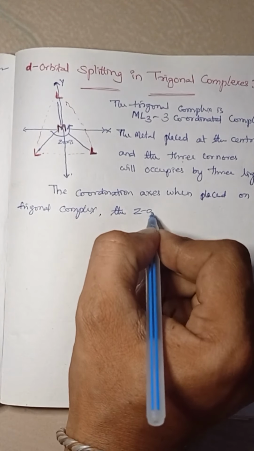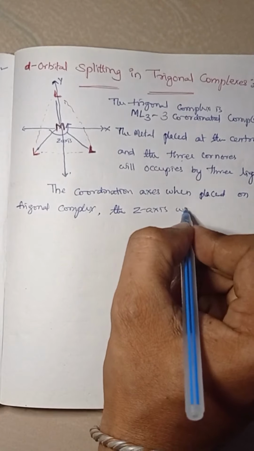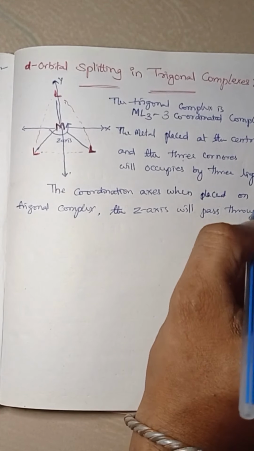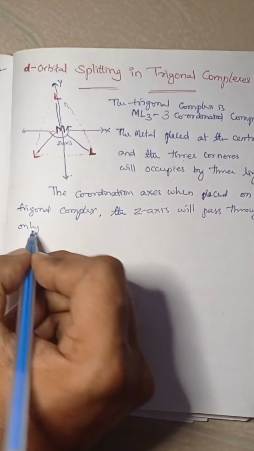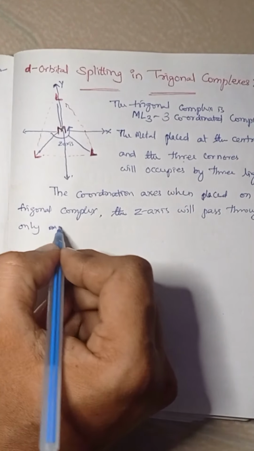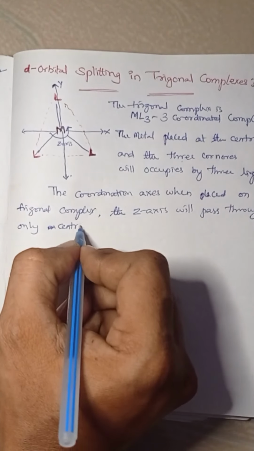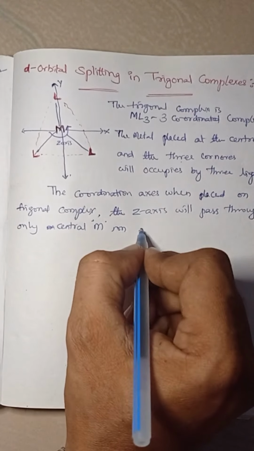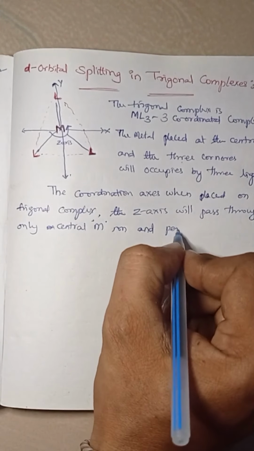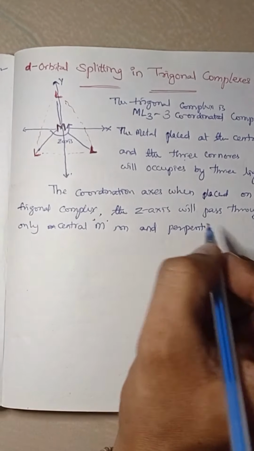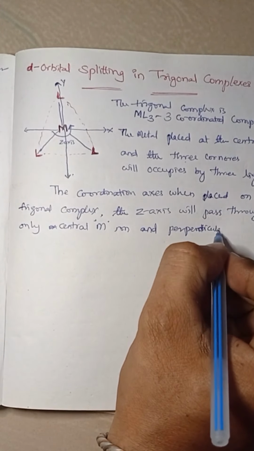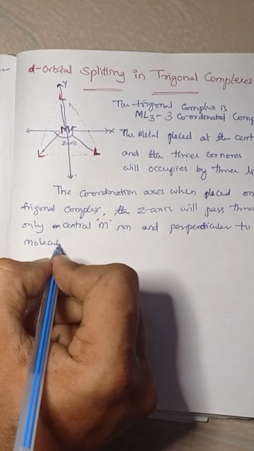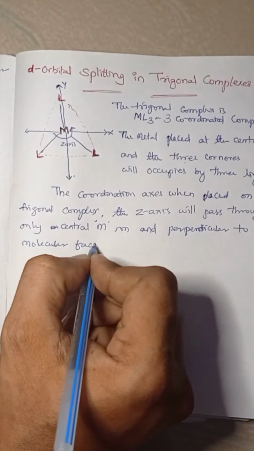the z axis will pass through only the central metal ion and perpendicular to the molecular plane, right?